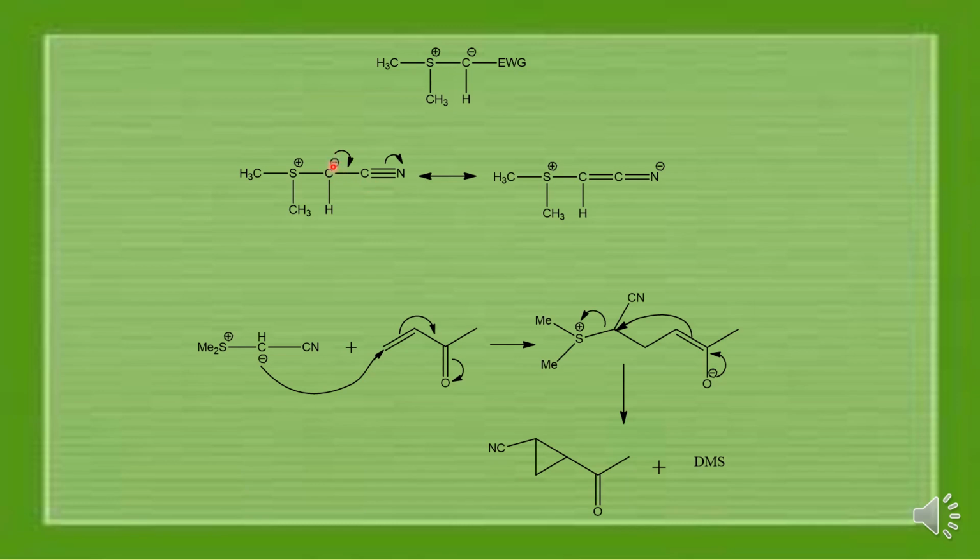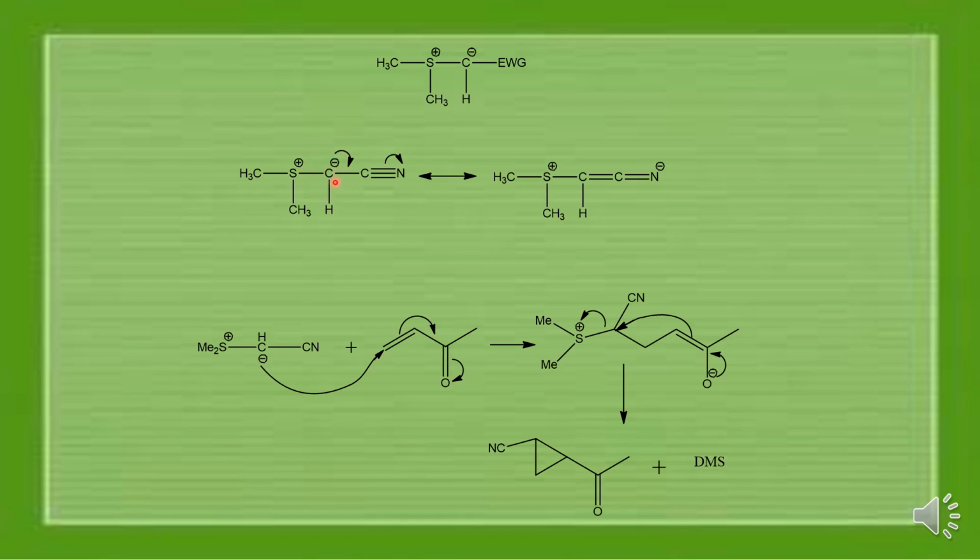this negative charge is not localized to this carbon, and it is dispersed between carbon, carbon and nitrogen. Therefore, the concentration of negative charge on this carbon is always less. Therefore, this carbanion behaves as a soft base.